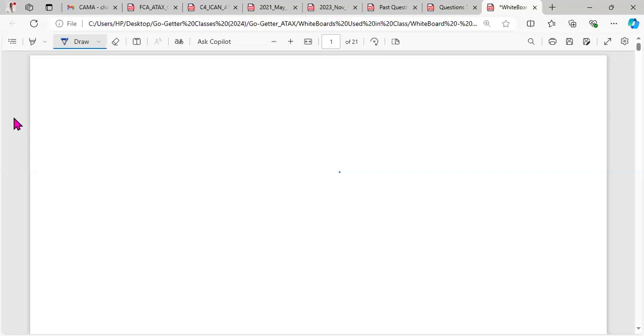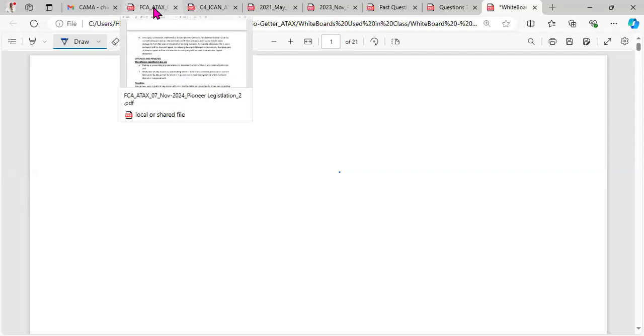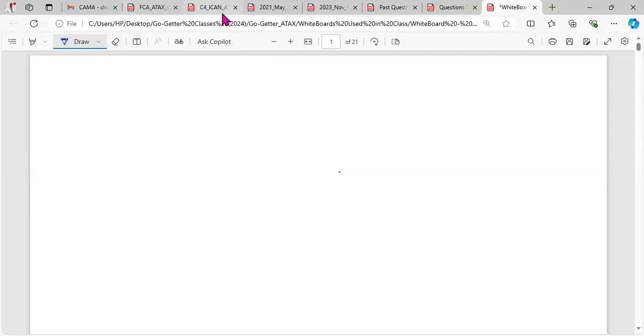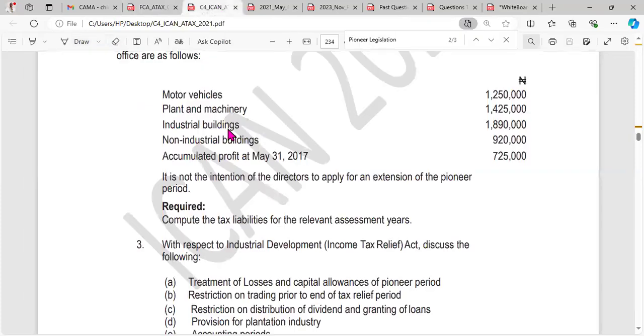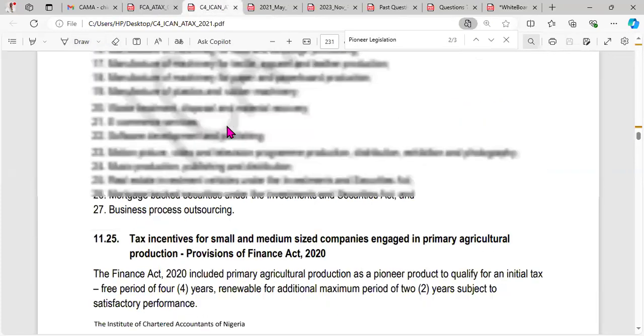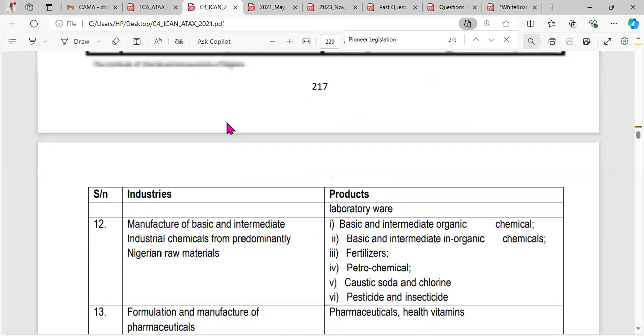You may be asked to write short notes or so, but for a professional class, you may not be asked to do many of those short notes. But it's good that you read them and it will make for a good read. I always tell people to use the ICAN study pack. The ICAN study pack is your best bet for the pioneer legislation.